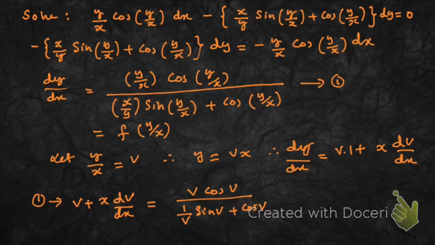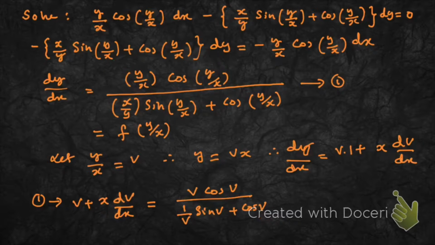And the next step would be simplifying this 1 by v. So I don't want a fraction over there, so I want to get rid of that v. So what I'm thinking is, if I multiply every single term, in the numerator I have just one term, so multiply that by a v, makes it v square. Multiply this by a v, so this 1 by v gets cancelled, giving me just sine v, and this will be v cos v.